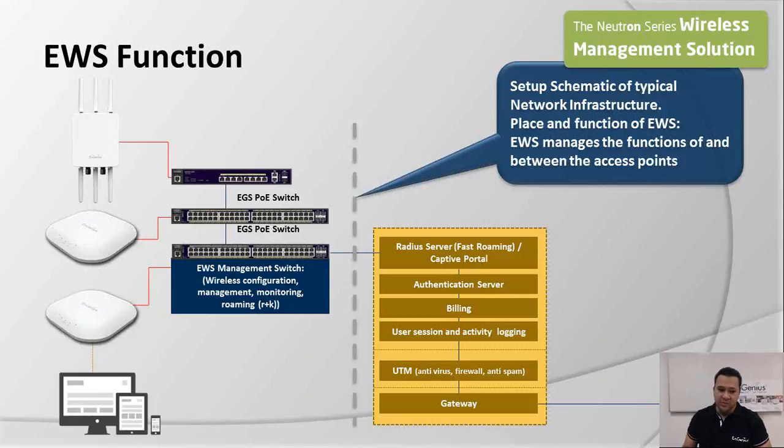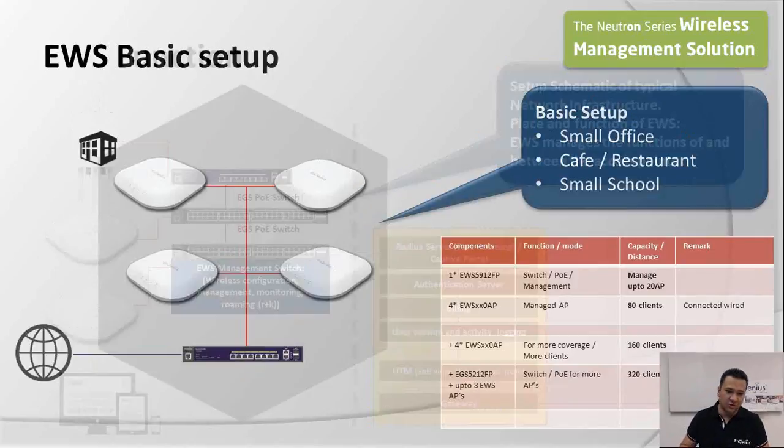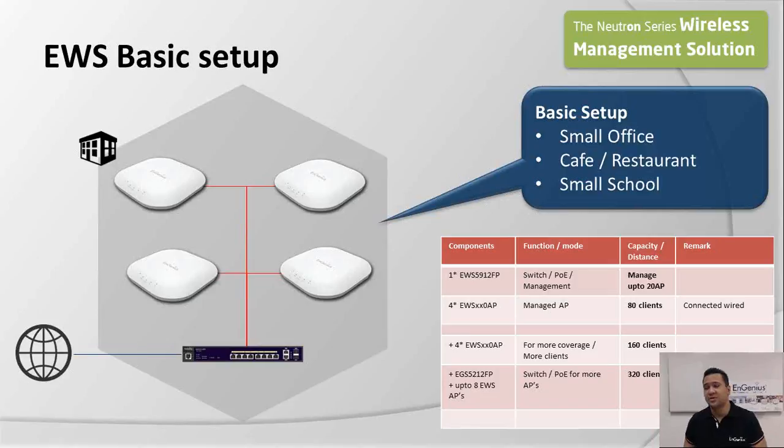So, talking about applied wireless solutions, I would like to go to our first basic setup. I recommend the EWS solution to be used starting if you have a deployment where you need 4 access points to start with. If you have a smaller deployment, there is not really a need to manage multiple access points because there are just a few.